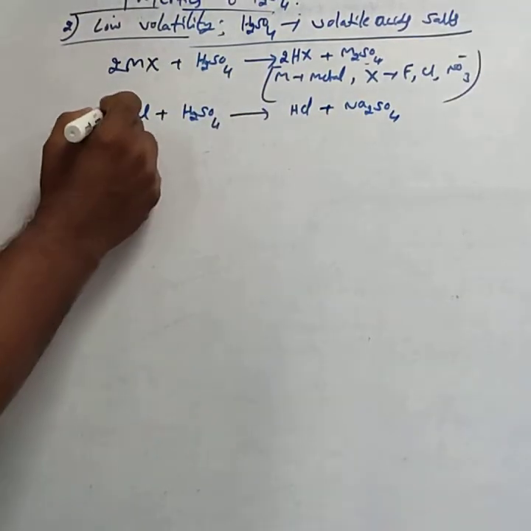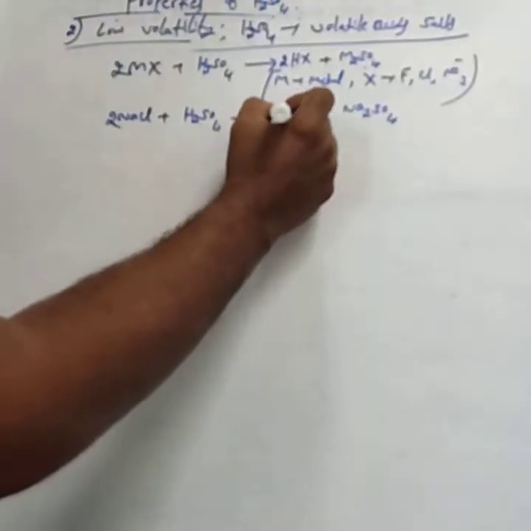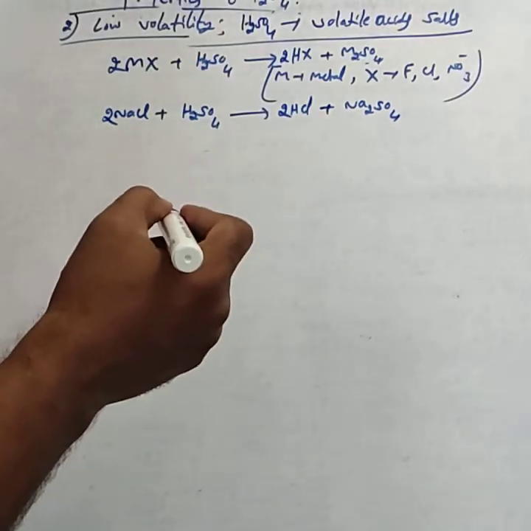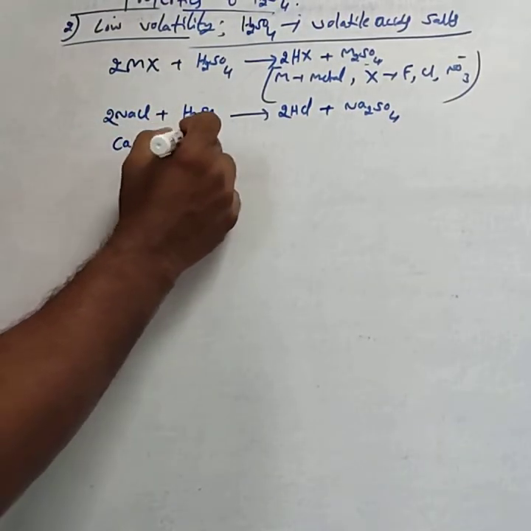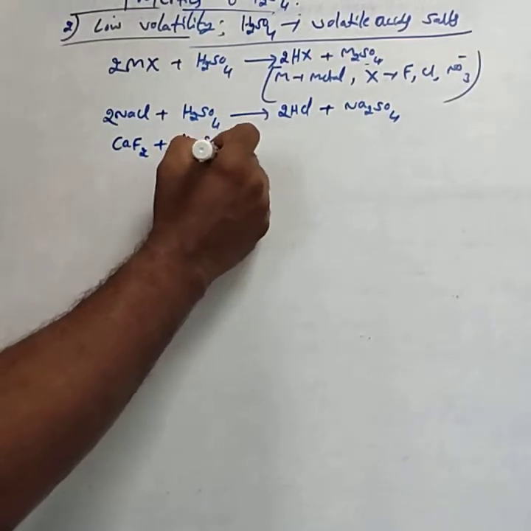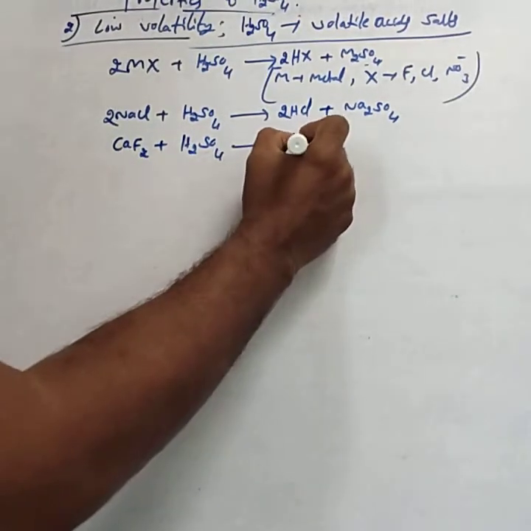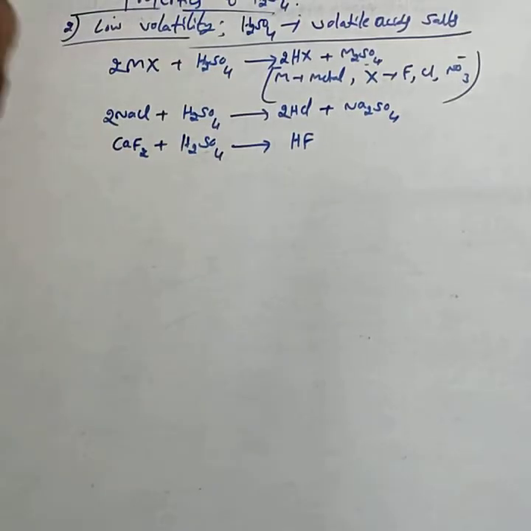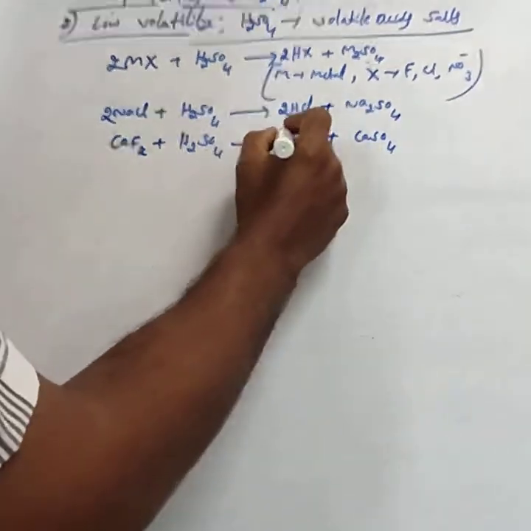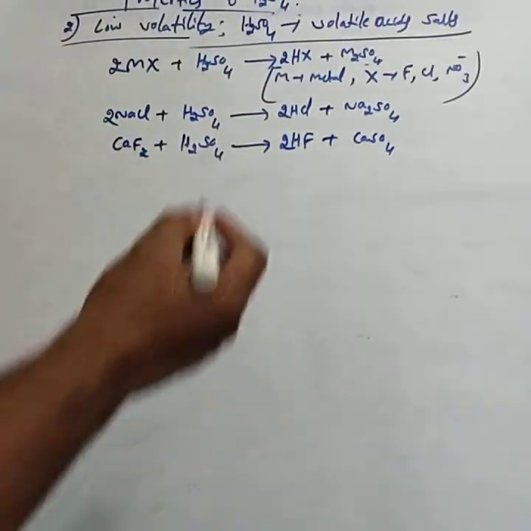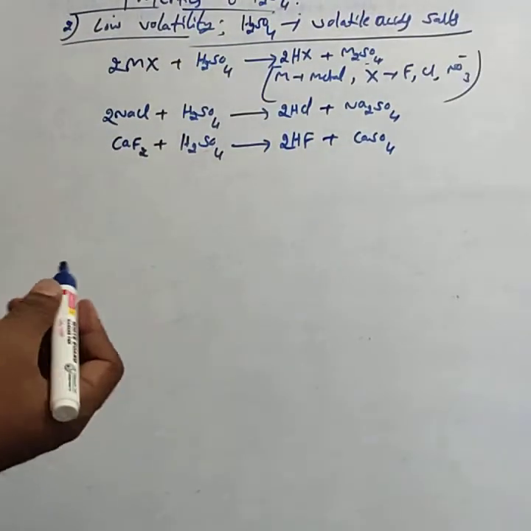To balance this reaction, 2NaCl gives 2HCl. Similarly, CaF2, calcium fluoride, when treated with sulfuric acid, forms hydrogen fluoride HF plus calcium sulfate, 2 moles of HF. This is about the preparation of the volatile acids.